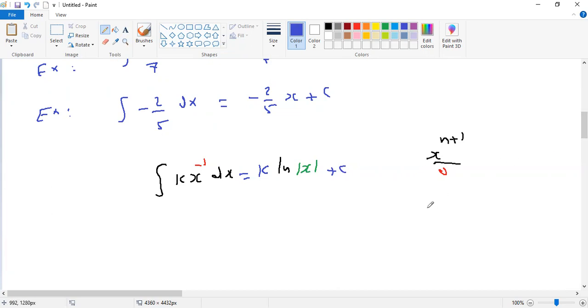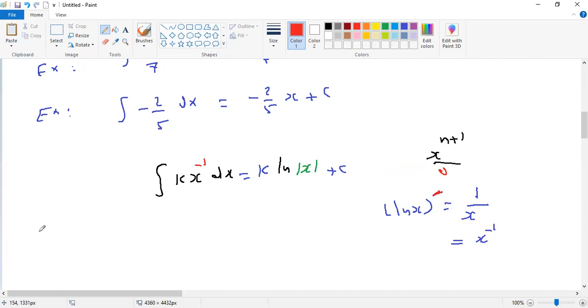And why ln also? Because the derivative of ln x is 1 over x, meaning x to the power -1.